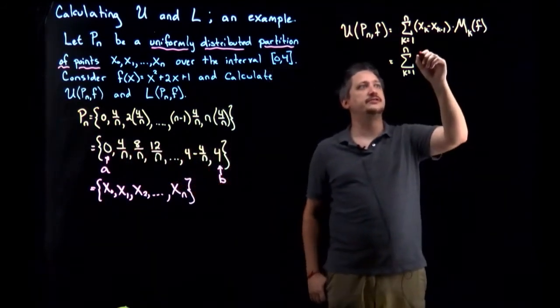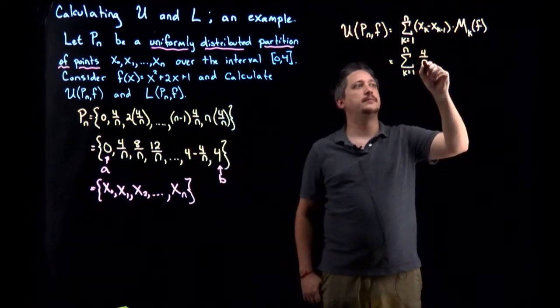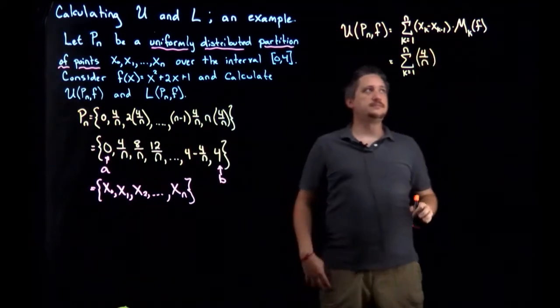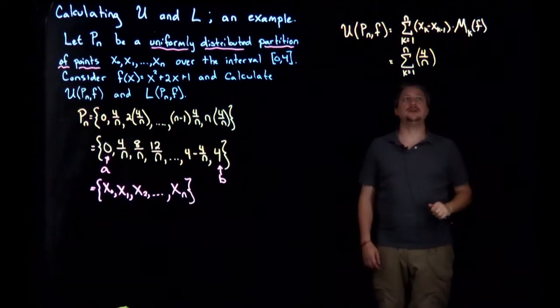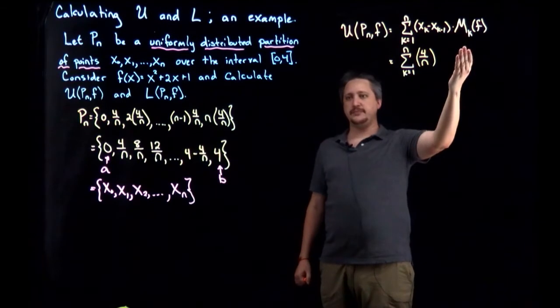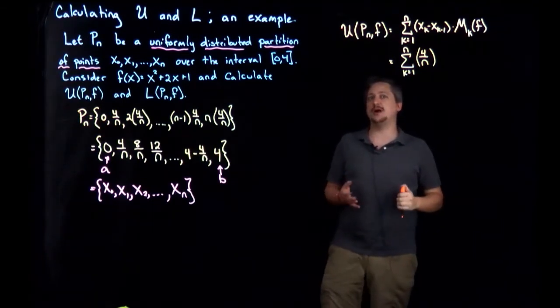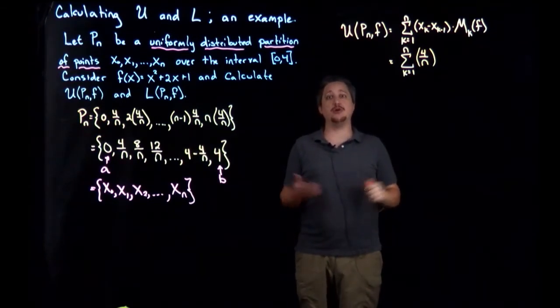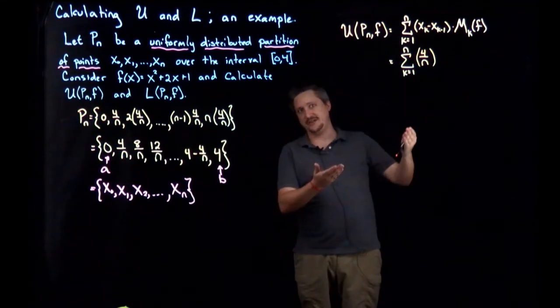In particular, it is 4 over n. But here comes the rub. How do we know the highest point of a given rectangle? And really, this usually is the problem, unless you're taking arbitrary partitions, in which case both of these things can be the problem.